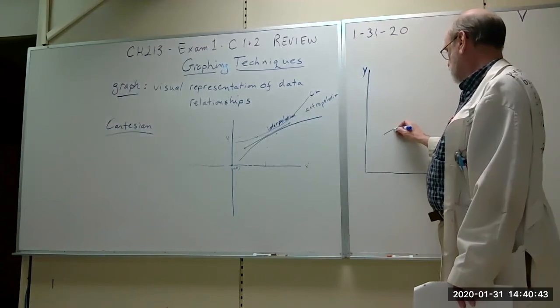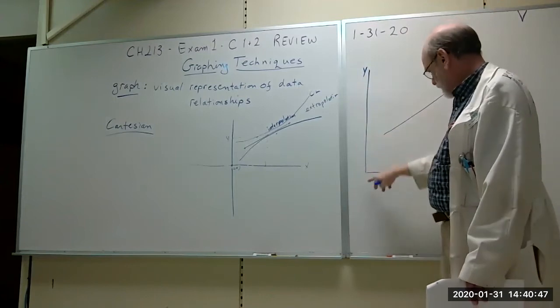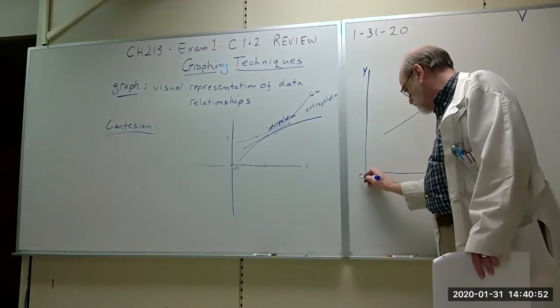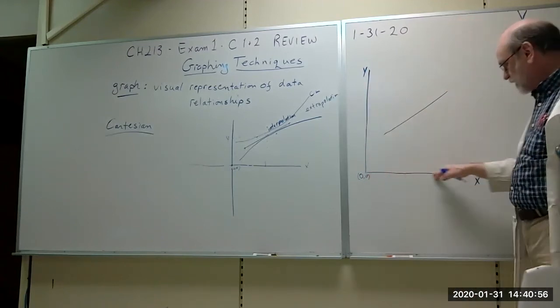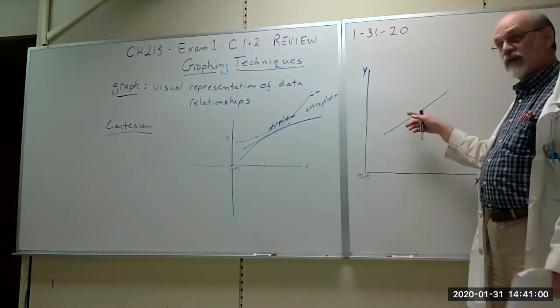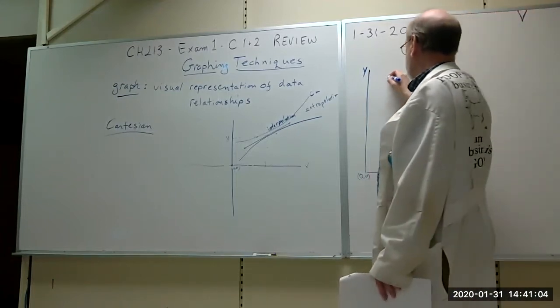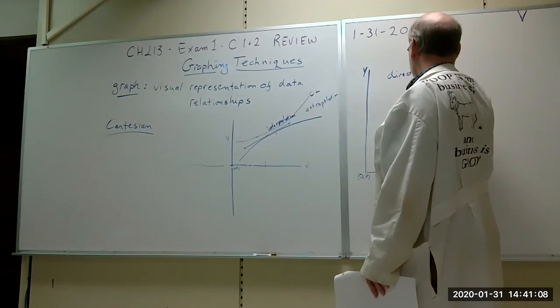Right? So if we're going from low to high this way, that's our origin. We're increasing this way, increasing that way. Then as X increases, what happens to Y? Y increases too, doesn't it? Right? So that's called a direct proportion.